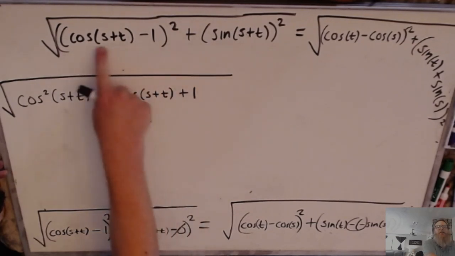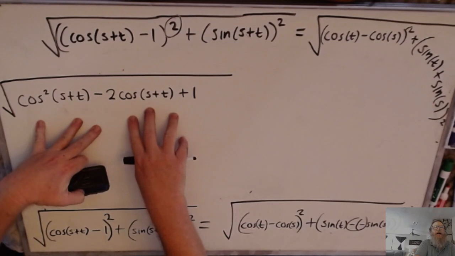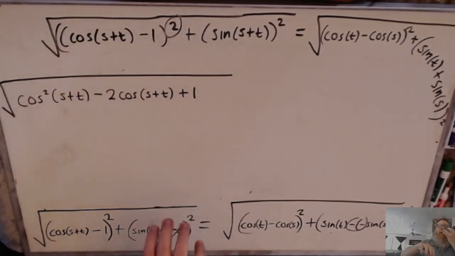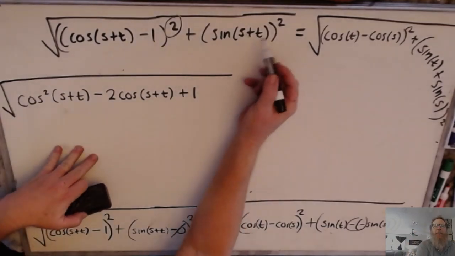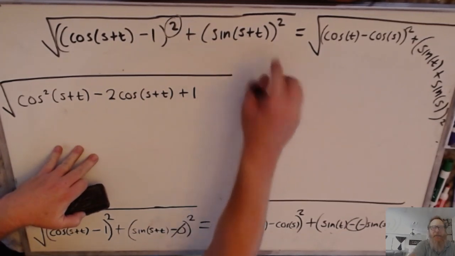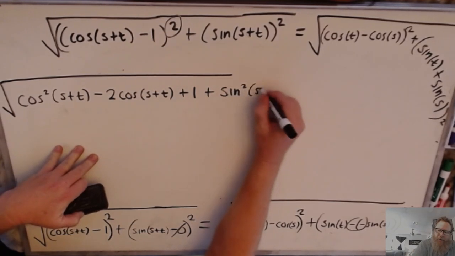I'm going to leave it to you to review how to square a binomial. This is the squaring of a binomial. In basic algebra, we call that foiling. And then this one's not really a binomial. That's just one trig function. It looks like a binomial because of the s plus t, but it's just going to be sine squared s plus t.